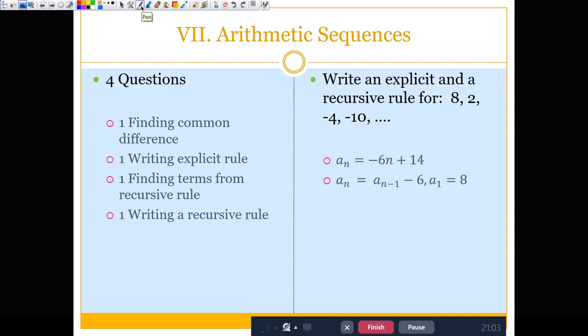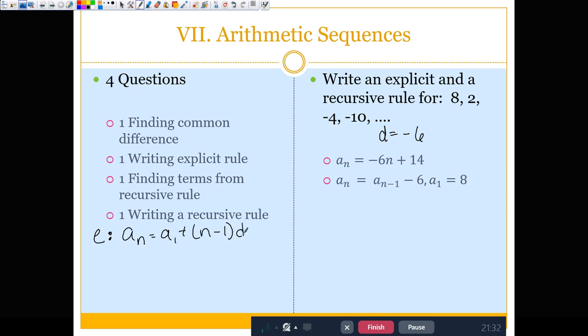So what is my d, my common difference? Negative 6, because it's going down by 6. Make sure you include that negative. Then when we're doing explicit, I'll do that one first. So my equation again is a sub n equals a sub 1 plus n minus 1 times d. I'm not expecting you to remember this rule right now. That's why you're allowed to use your notes, so make sure you write it down.